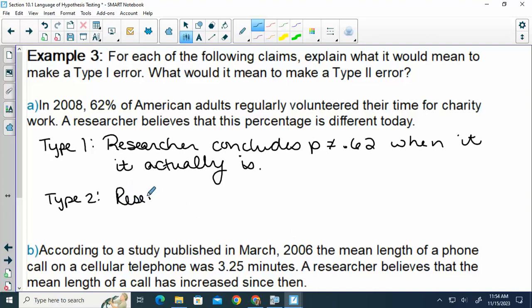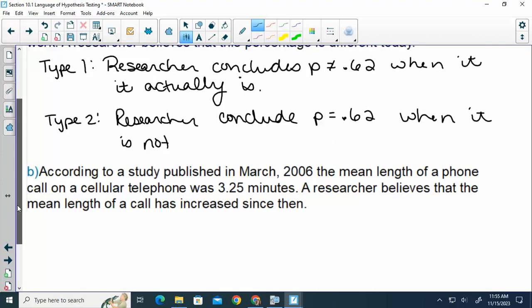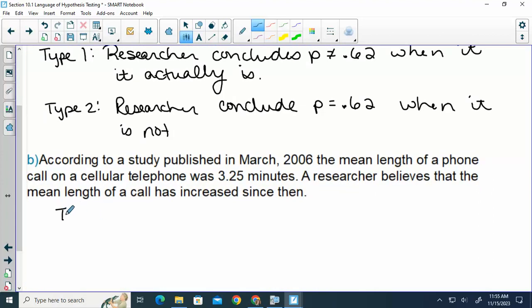So the researcher concludes the proportion is still 0.62 when it is not. You guys try the second one. Can you explain what type 1 and type 2 error would mean?